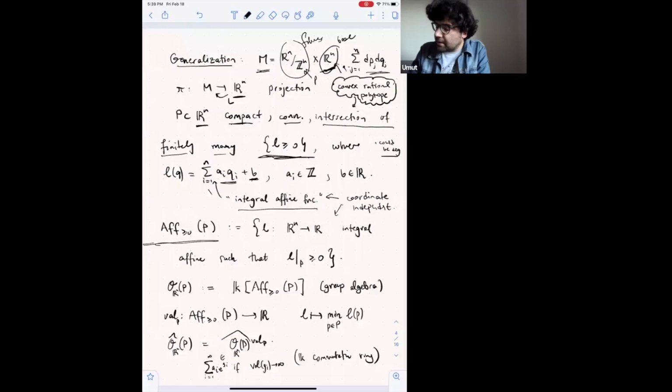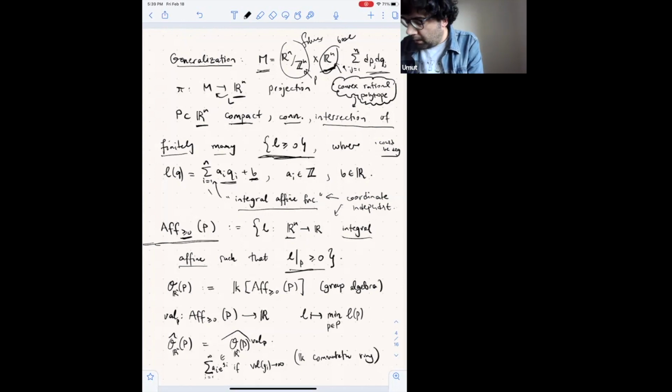I want to consider integral affine functions, just the functions that I defined, defined on the entire Euclidean space, but I would like to only consider the ones that are non-negative on this polytope, represented in this notation by the greater than or equal to 0 sign.